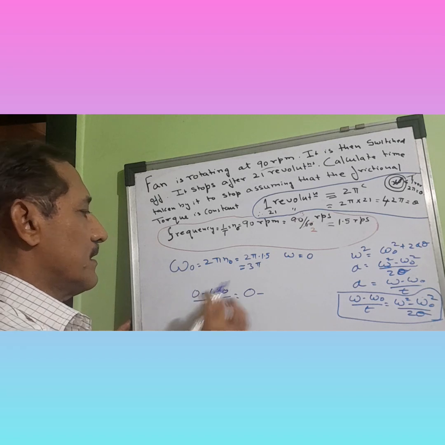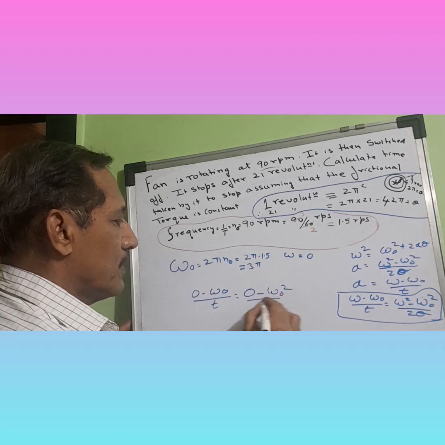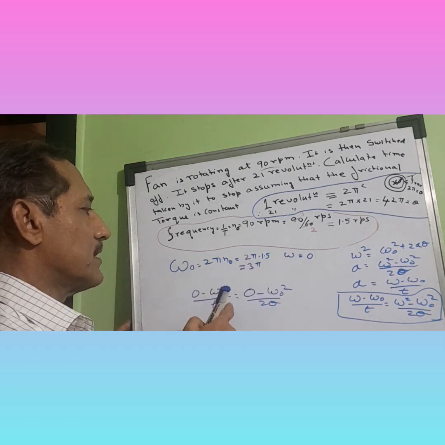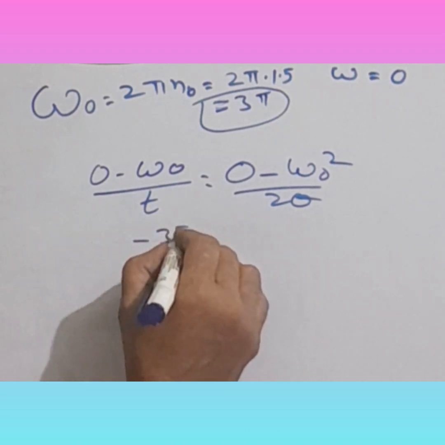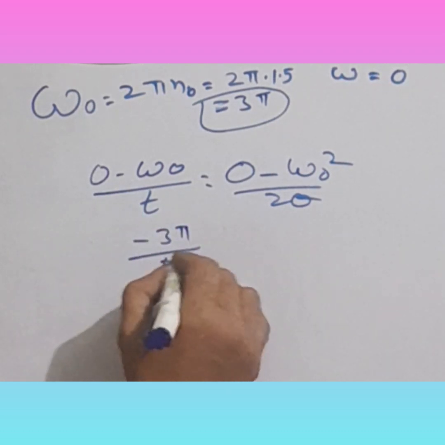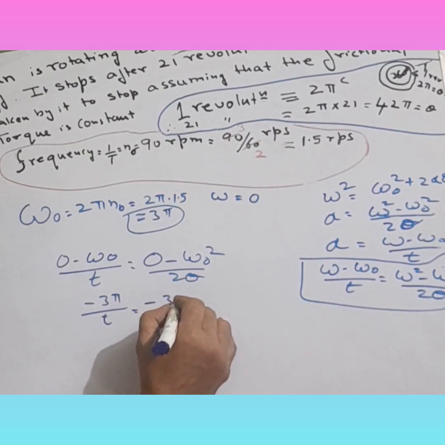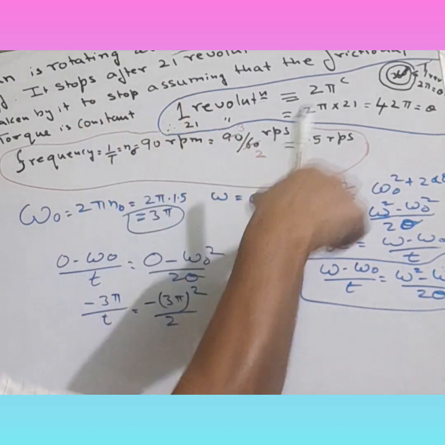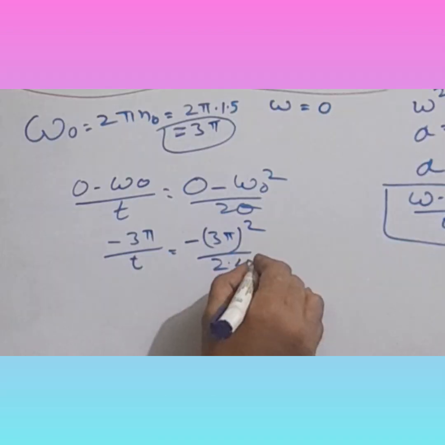We have got the value of omega 0, so let's substitute it. It will be minus 3 pi upon t is equal to minus 3 pi square upon 2 into theta, which is also known as 42 pi.